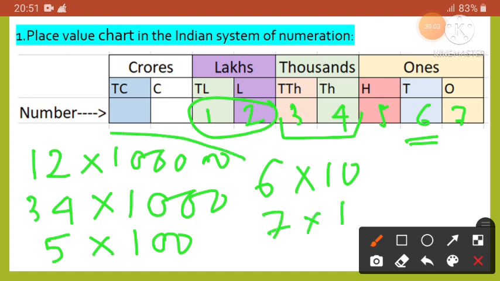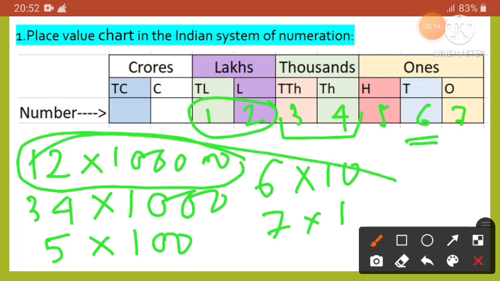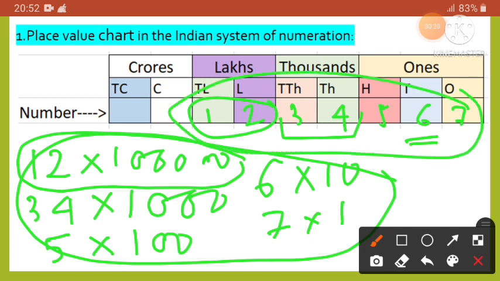So 12 into 100000 gives us 12 and then 5 zeros. If we add all these numbers, we are getting this number in total, that means 12,34,567. Okay, got it?